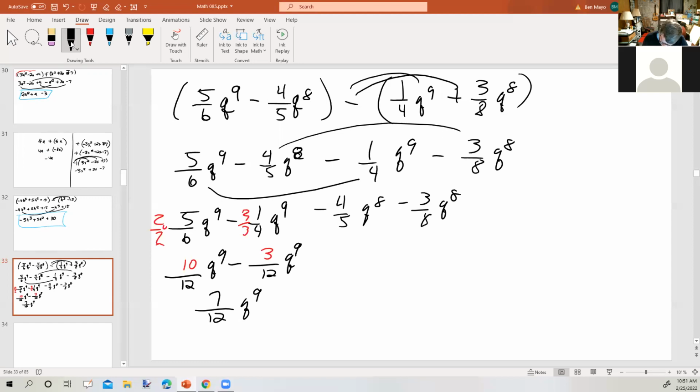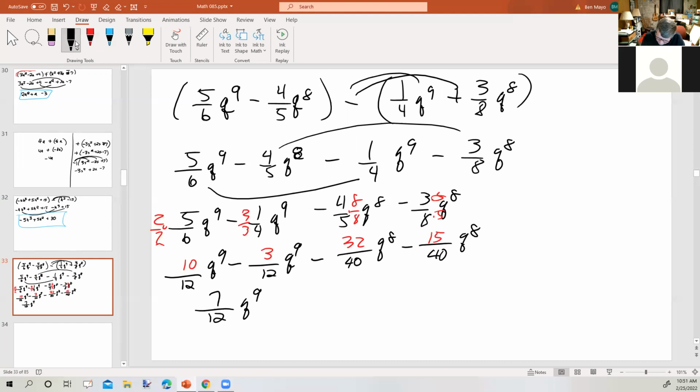Okay. So then moving on, the least common denominator of 5 and 8 would be what? 40. So I'm going to have minus so many 40ths q to the 8th minus so many 40ths q to the 8th. 4/5, I'm going to multiply by 8 eighths to get 32 40ths. 3 eighths, I'm going to multiply by 5/5 to get 15 40ths.